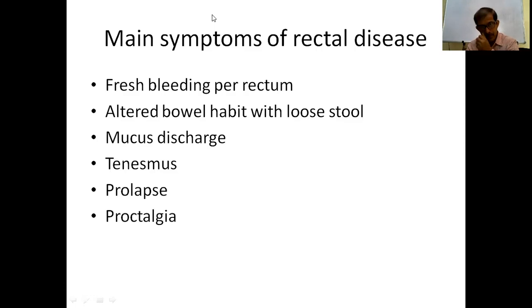If you remember the symptoms of urology, that is a very important chapter. All of you should be thorough. Of course, hematuria is very important, but other symptoms are, if not equal, at least good. Yeah, very good, you are correct. It is strangury.